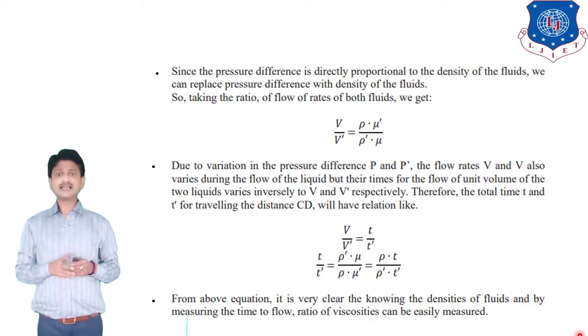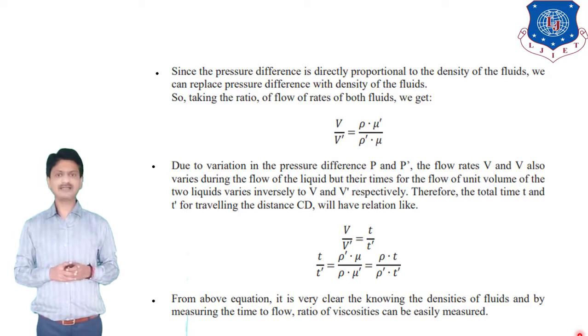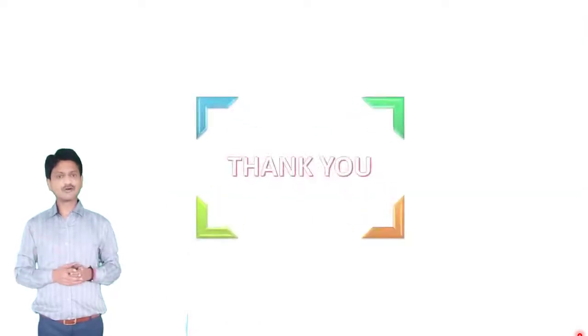Now, in the last video, we have discussed the derivation of depression of cantilever, which is fixed at one end and loaded at the other end. And then, in today's video, we have derived the expression of viscosity and its measurement by Ostwald Viscometer. So that's it for today's session.